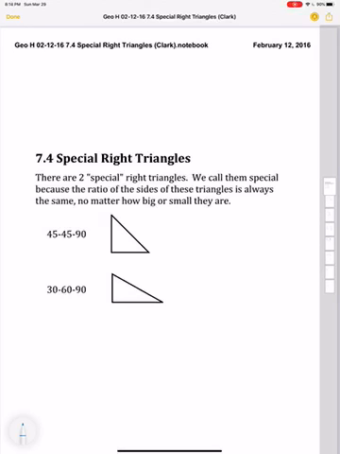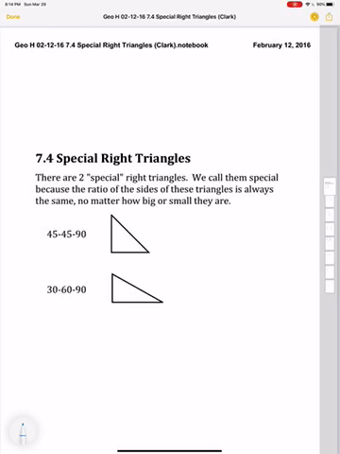Whenever you have those, the relationship between the sides is always the same. The ratio of one side to the other is always the same. Like, for example, one is always twice as big as another side, and other things like that with square roots. So I'm going to show you those, and we get to learn what those are and then apply that today.